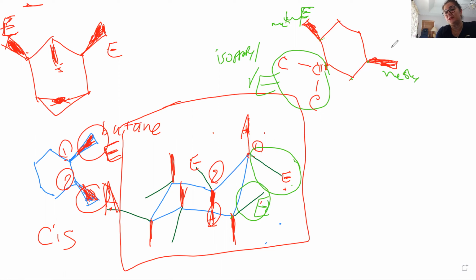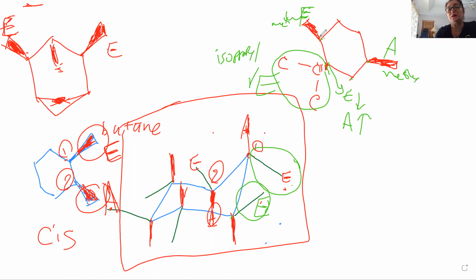But since this is not down, it must be axial. So for this position, you say equatorial down and axial up.